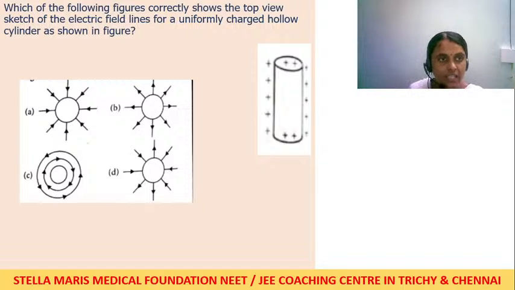So this is the next question. Which of the following figures correctly shows the top view sketch of the electric field lines of a uniformly charged hollow cylinder as shown in the figure? So which is the answer for this one?